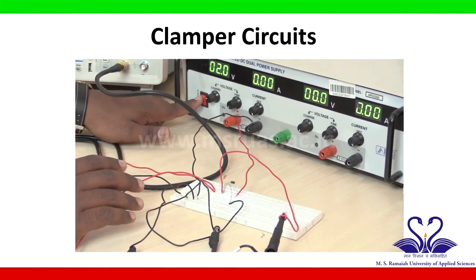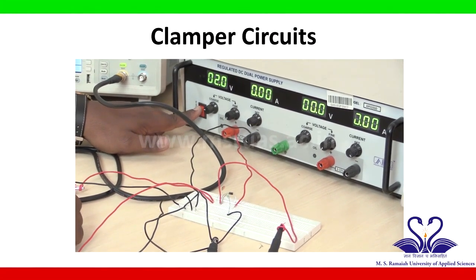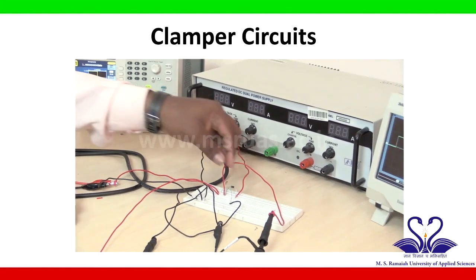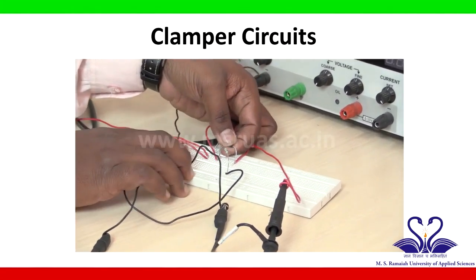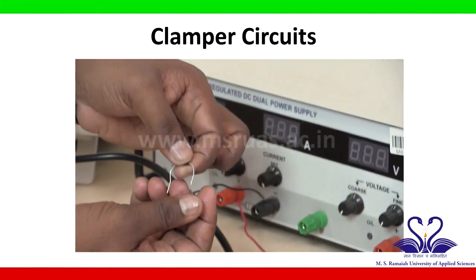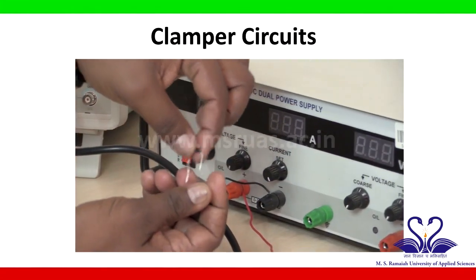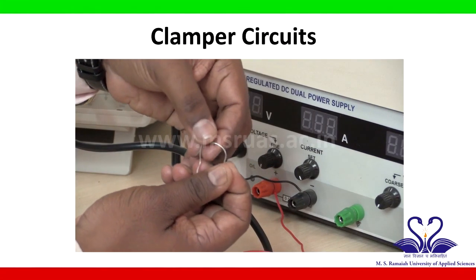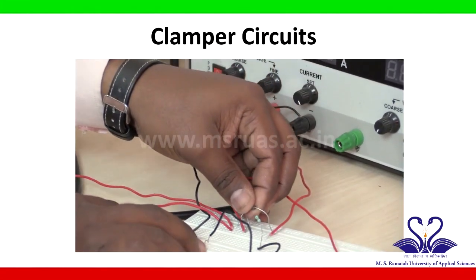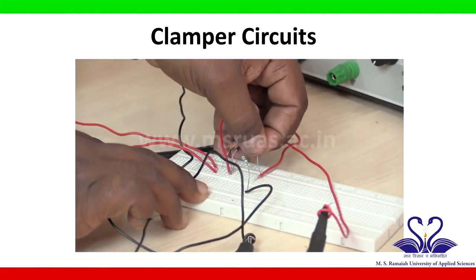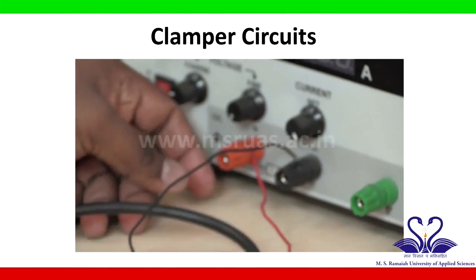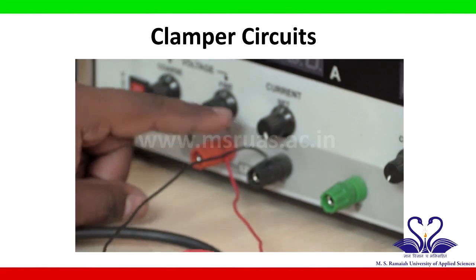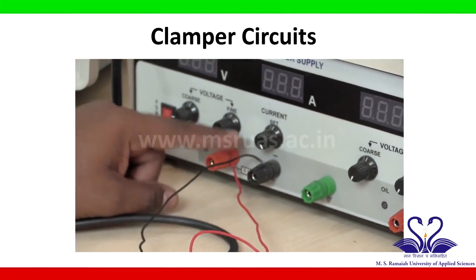To make the corresponding changes, I will turn off the DC dual power supply, remove the diode, reverse the diode orientation, and reconnect the diode in the same place. And also I will change the voltage source, that is, the DC power supply terminals.